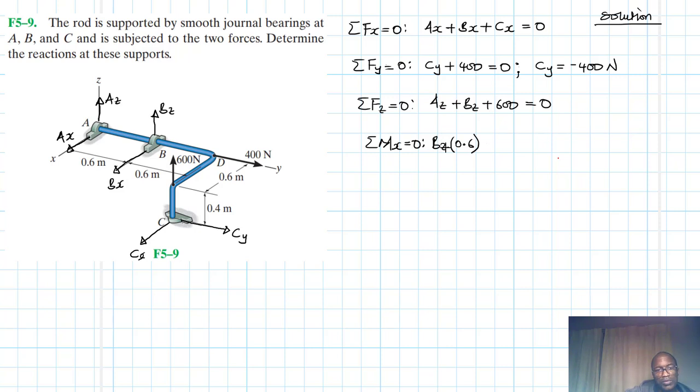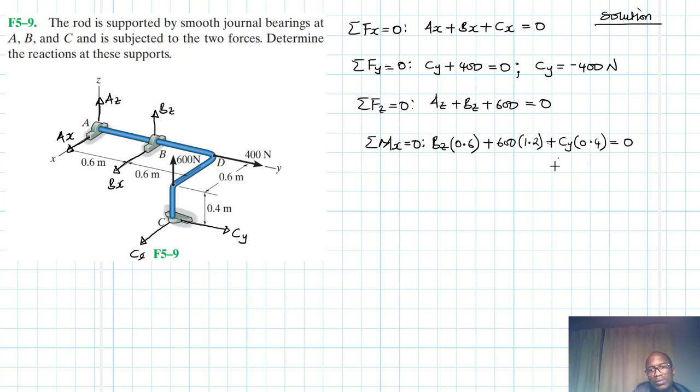So this will be plus 600 times 1.2. Cy will also cause a positive moment about the x-axis, so this is going to be plus cy times the lever arm, which is 0.4. Do we have anything else?